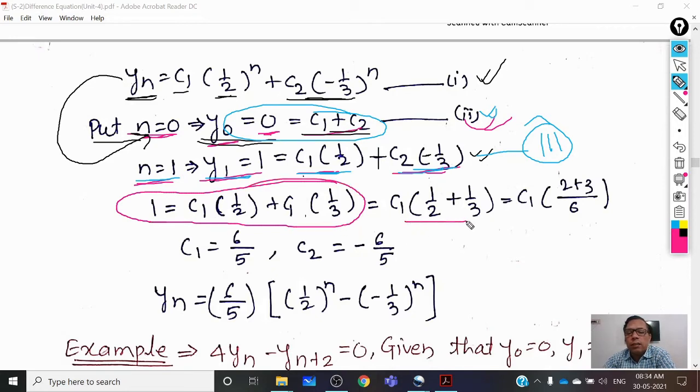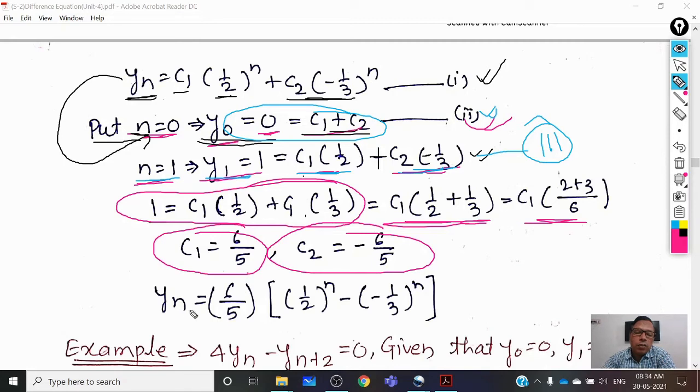Or further simplifying, we can take C1 common. So 1 equal to C1 in the bracket 1 by 2 plus 1 by 3. On simplifying, we get C1 equal to 6 upon 5 and C2 equal to minus 6 upon 5. So the final answer is 6 upon 5 into (1 upon 2 power n minus 1 upon 3 power n).